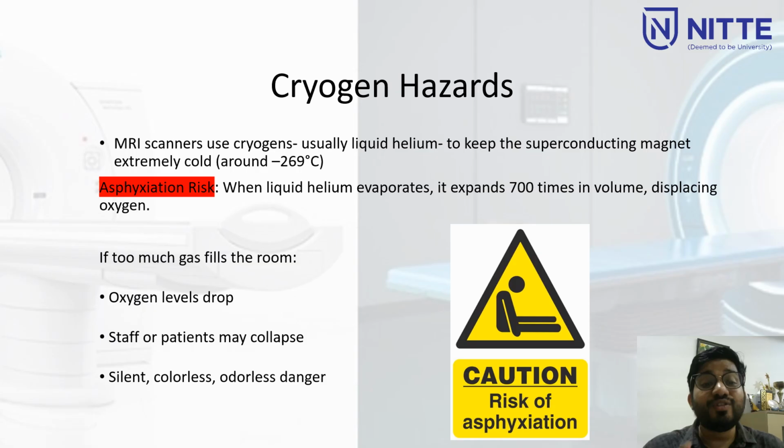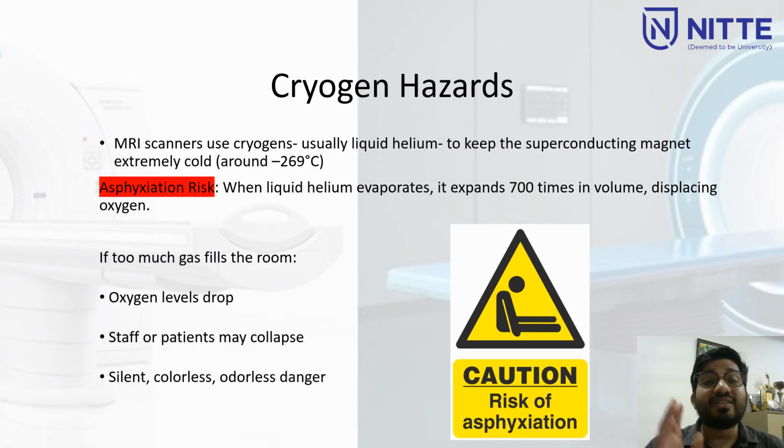So what happens if too much gas fills the room? Oxygen level significantly drops, and staff or patients may collapse. It is a silent, colorless, and odorless danger. Specifically this happens when the quench pipe fails. This is why all the MRI rooms have certain settings.